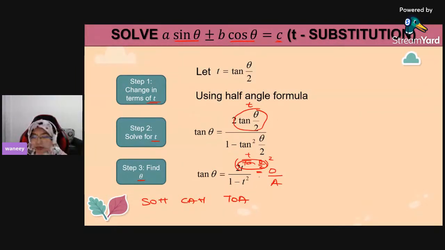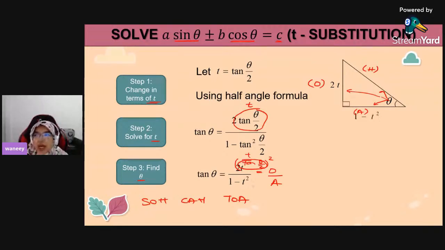So let us draw the right angle triangle. Okay, so this is theta, and the opposite of theta is 2t. And then the adjacent is below here. At the top, that is the hypotenuse. So what is the value for the adjacent? Adjacent is 1 minus t squared. Okay, so how are we going to get the hypotenuse?